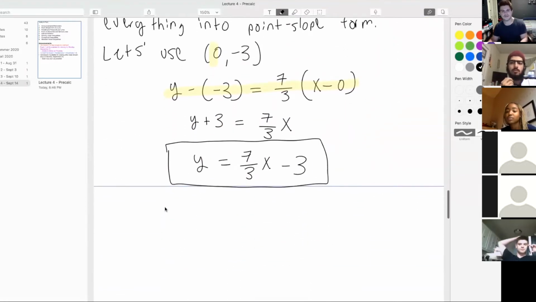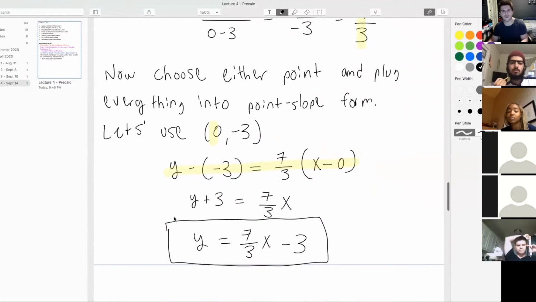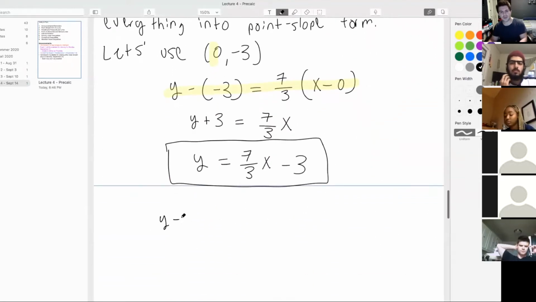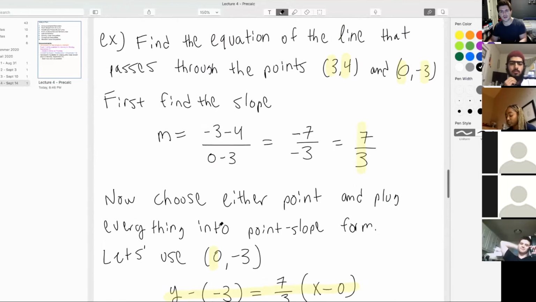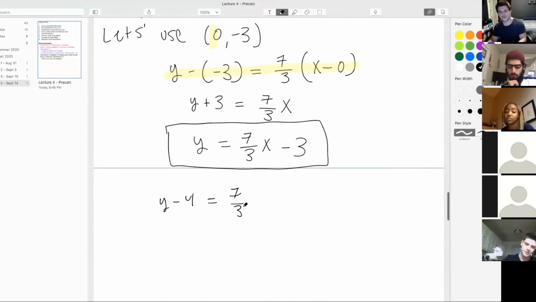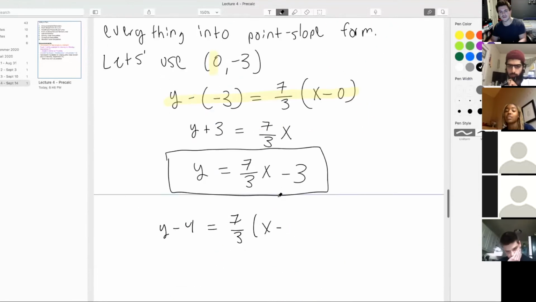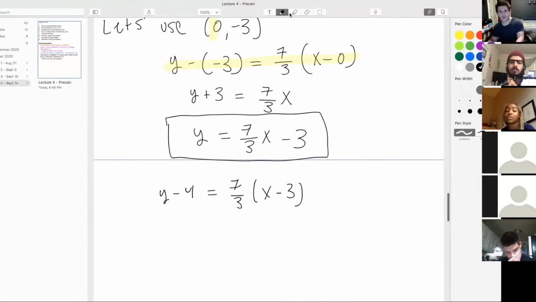Okay, so let's work it out. So 3, 4. You would get y minus 4 is equal to 7/3 times x minus 3. So you're talking about what this would come out to, multiplying those two?